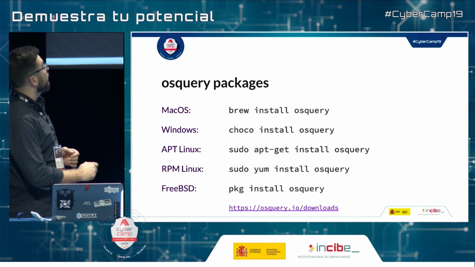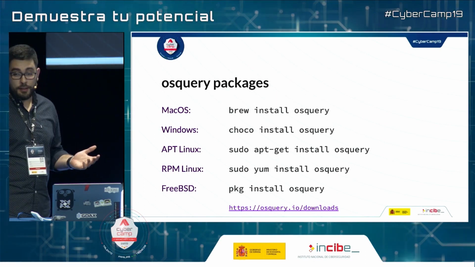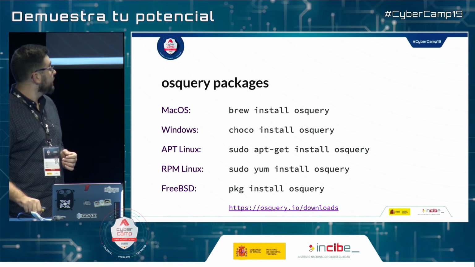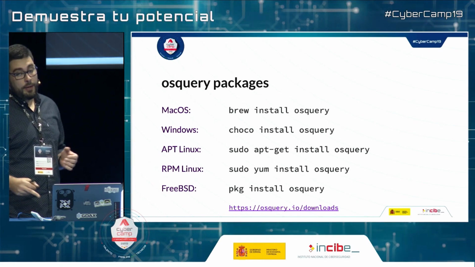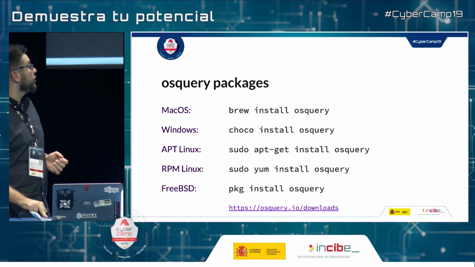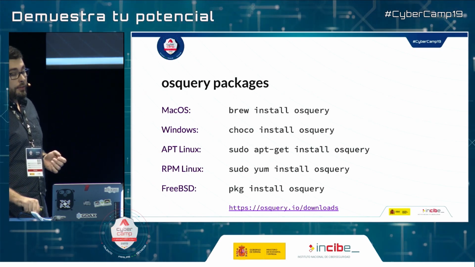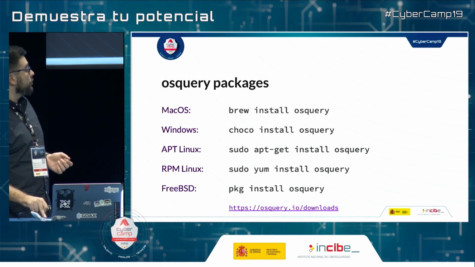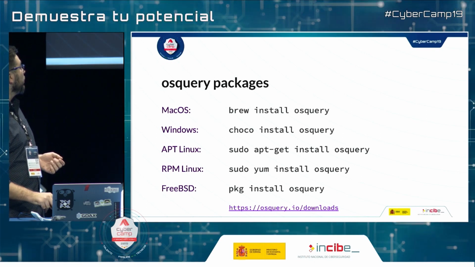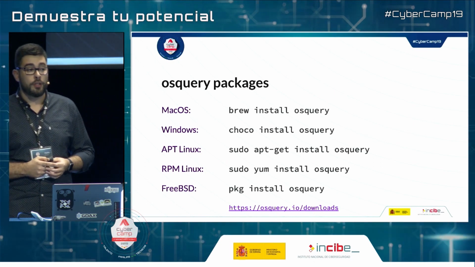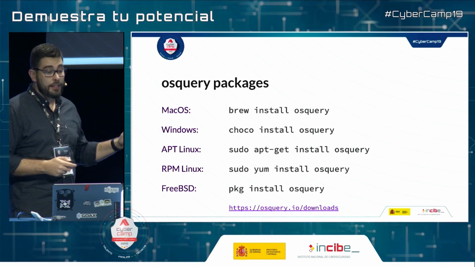Here they are. If you want to use it on Mac, you can install it with Brew, or on Windows you've got Choco. You can use APT on Linux, or for distributions of the RPM kind, you need an RPM with this command, and FreeBSD also gets its own installer.